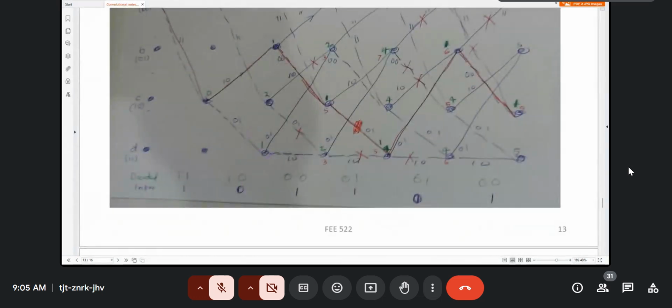Distance is 1, so the branch metric is 1, and therefore the path metric is 1. 0 plus 1, 1. So now we are here.